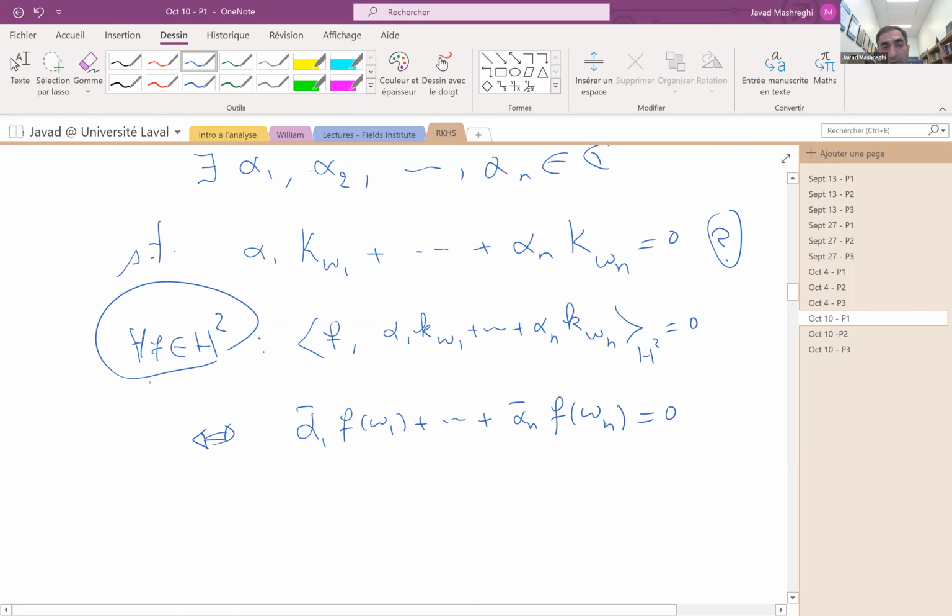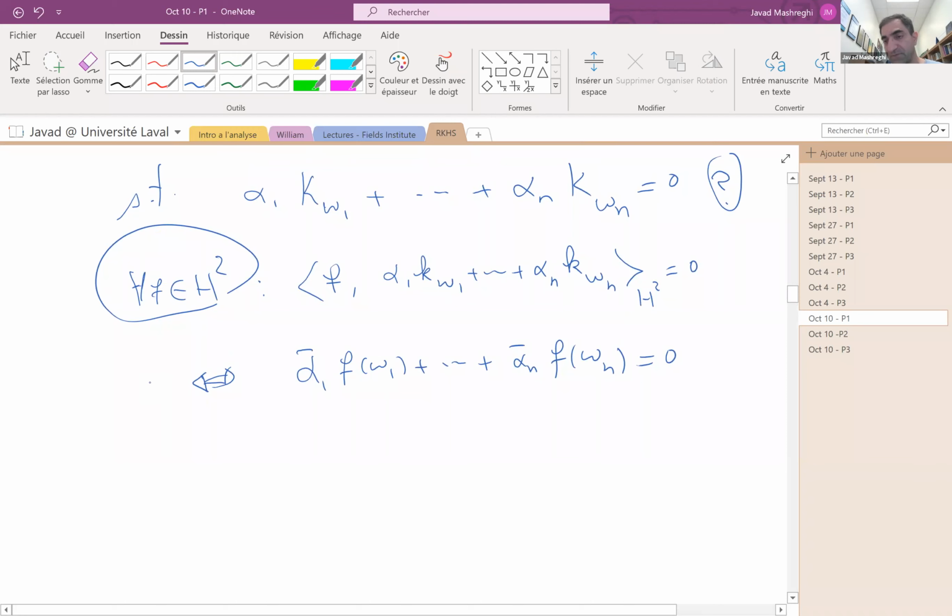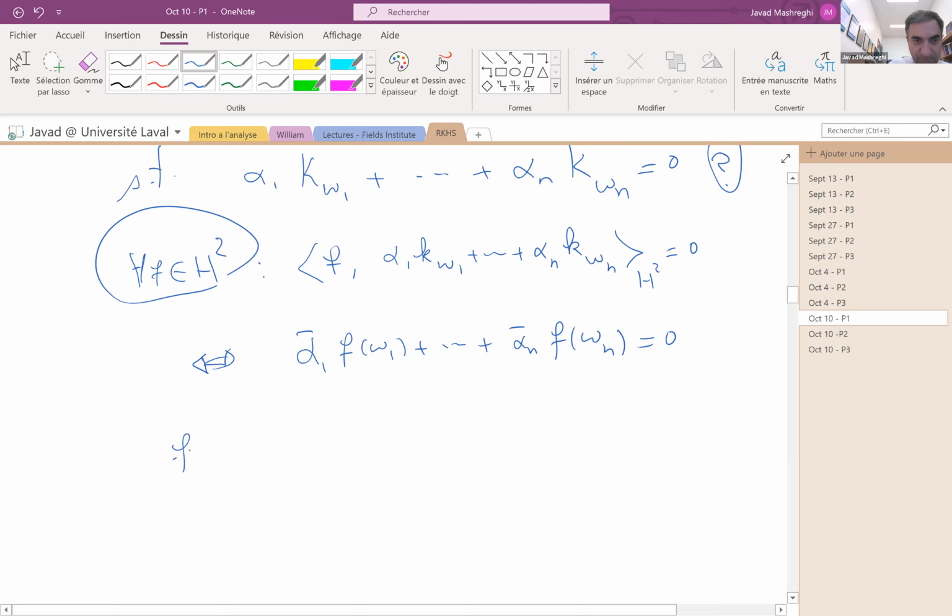And now this "every" helps us choose specific functions, a very judicious choice of f, such that with that particular f, for example, we can show that alpha 1 is equal to 0. Another f for which we can show that alpha 2 equals 0, and so on. And you have seen this before. These are the polynomials that we use in approximation. For example, you want to show that alpha 1 is equal to 0.